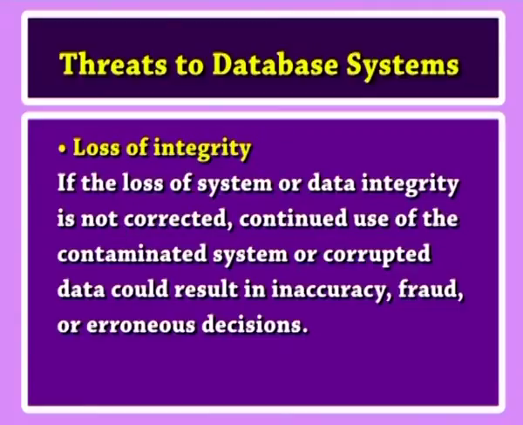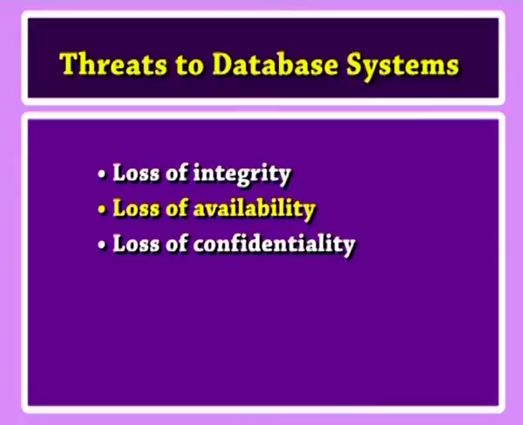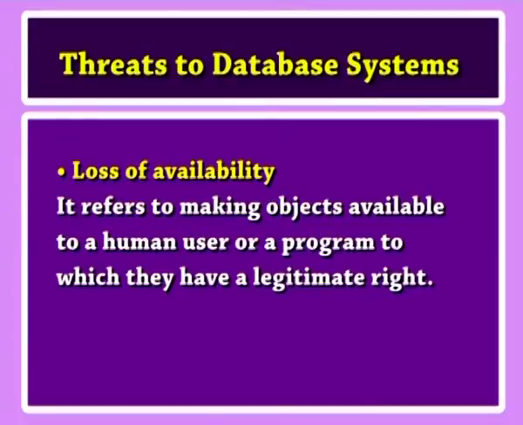If the loss of system or data integrity is not corrected, continued use of the contaminated system or corrupted data could result in inaccuracy, fraud or erroneous decisions. Loss of availability refers to making objects available to a human user or a program to which they have a legitimate right.